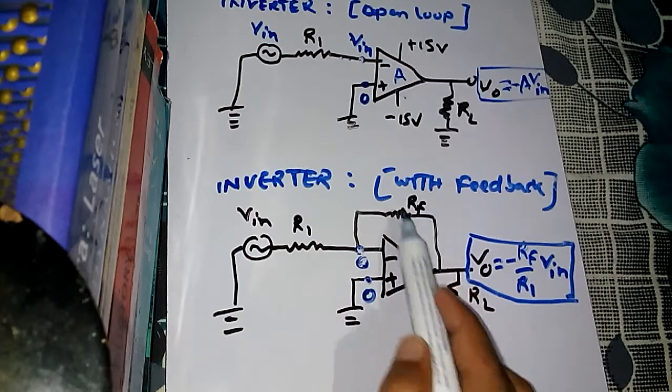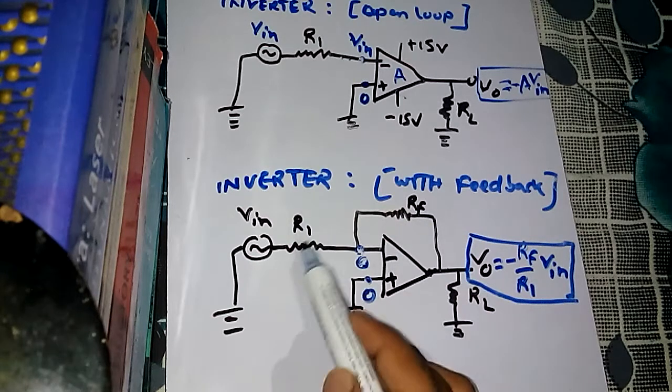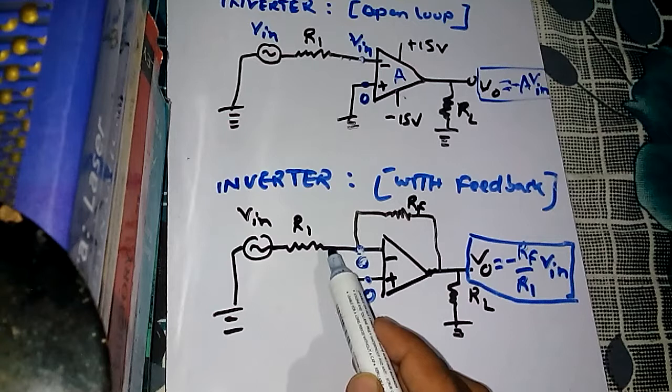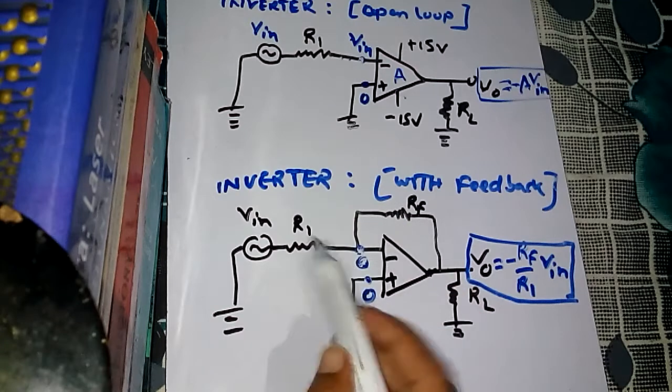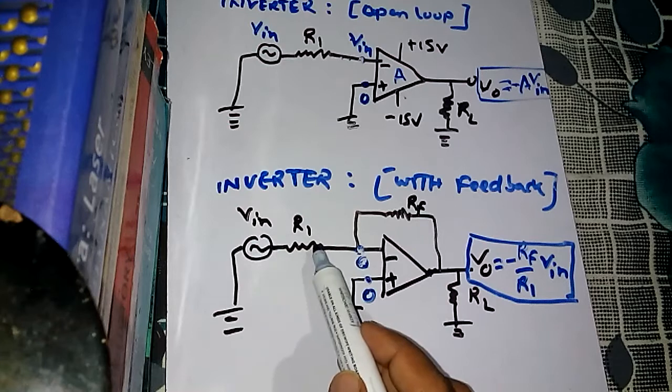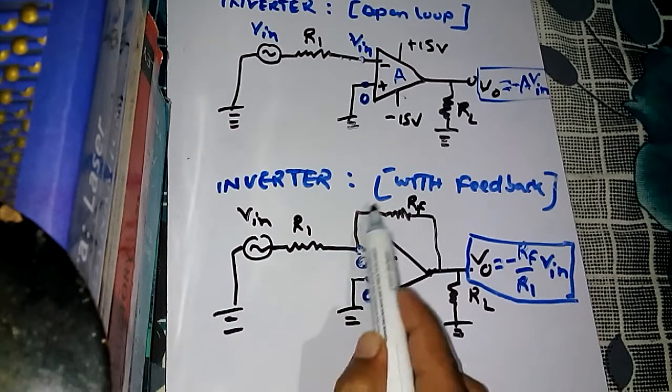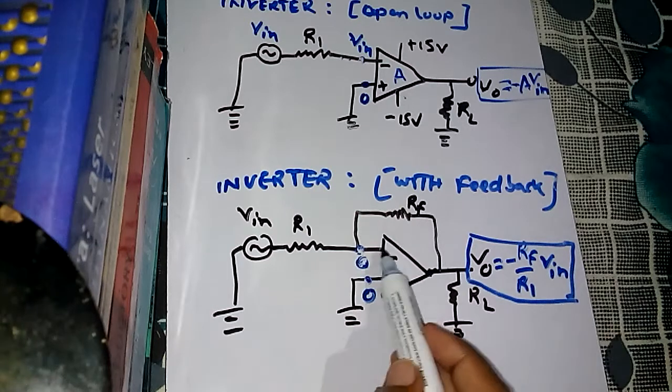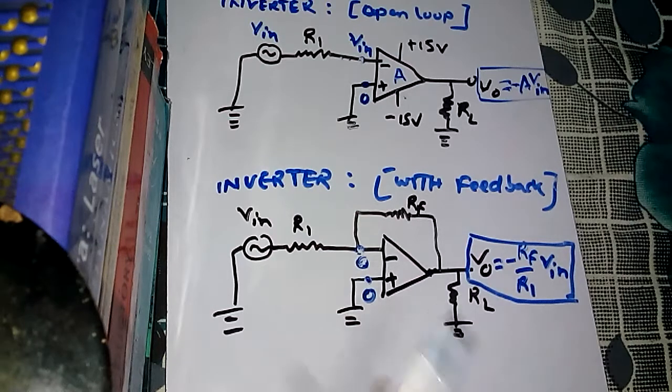That means it is encountering little resistances, so across this resistance there will be a considerable voltage drop of this input, because it is now going through this circuit and bypasses this. So this is one point.